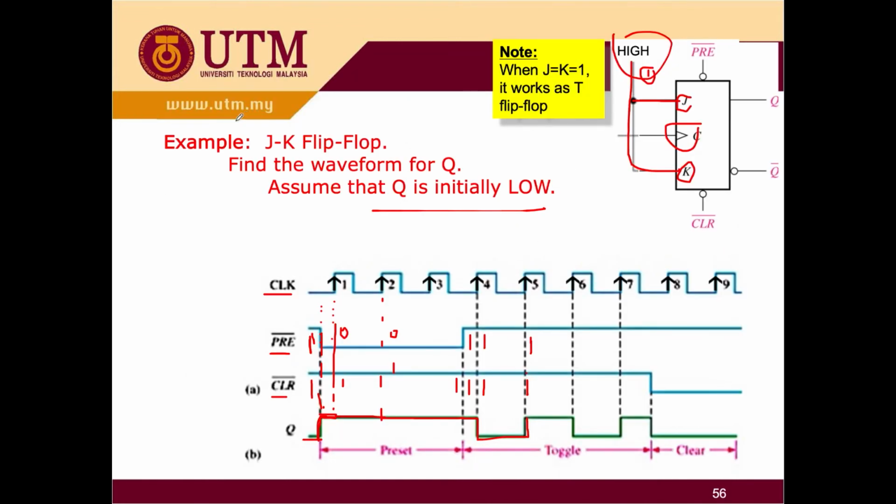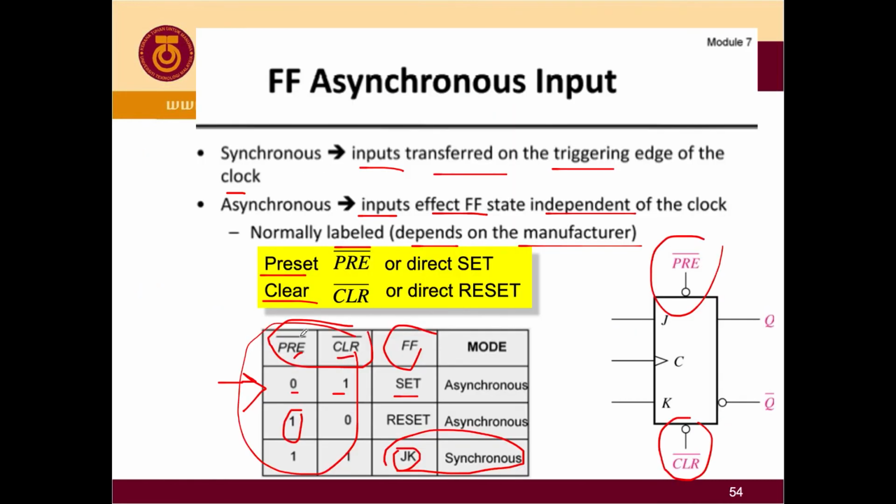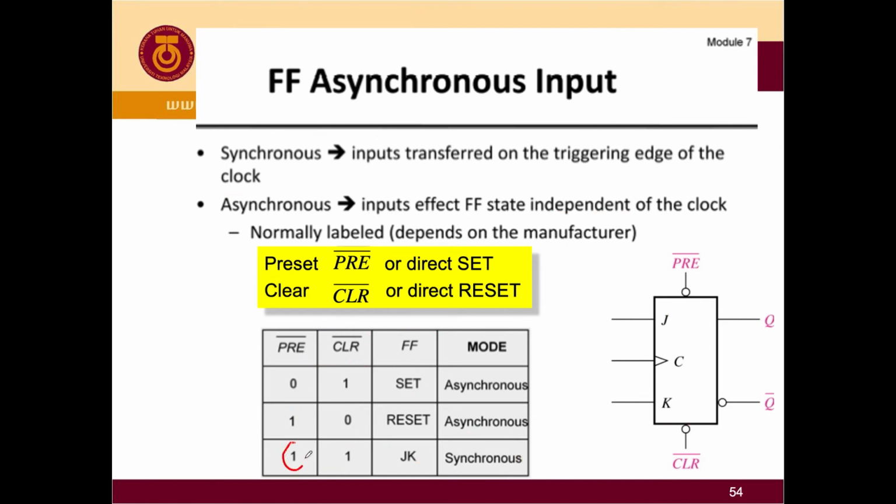Okay, this one. You can see I clear it first. At this stage, you can see that this is 1 1, depending on the value of preset and clear. So that's why you need to check these truth tables, with values 0 and 1 1.